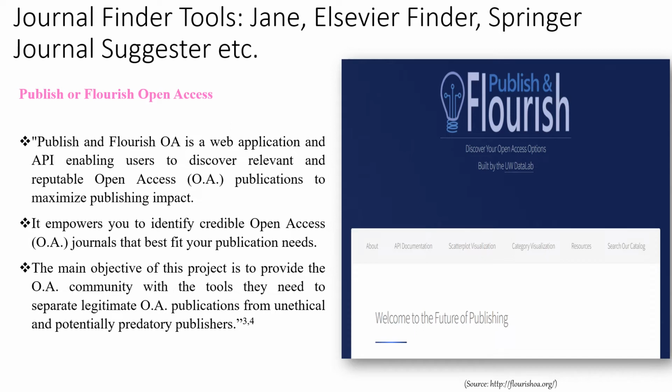The objective of this project is to provide the open access community with the tools they need to separate legitimate open access publications from unethical and potentially predatory publishers. So it is basically designed for open access publications.